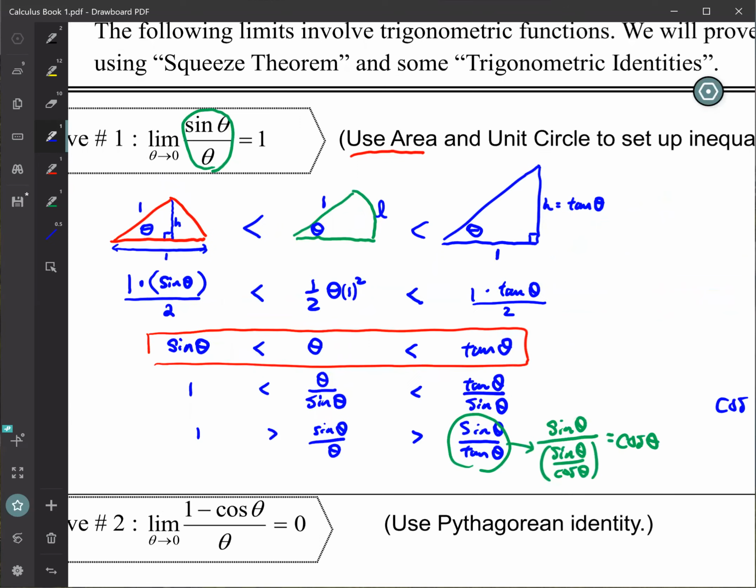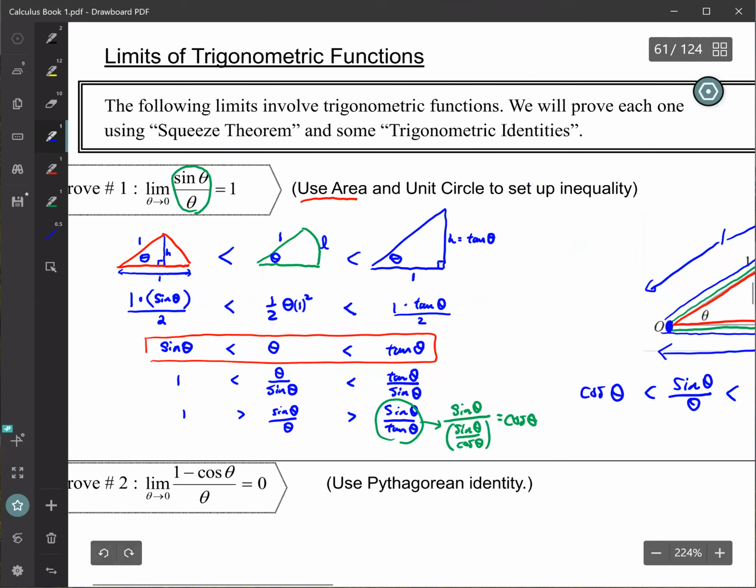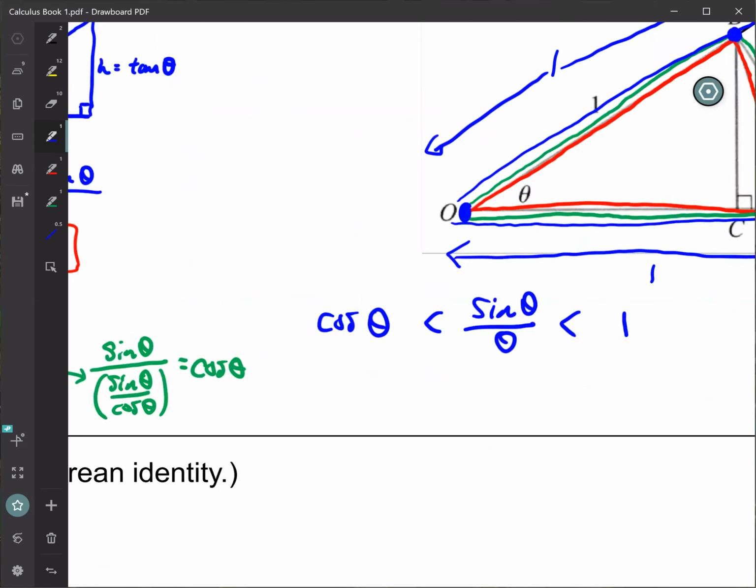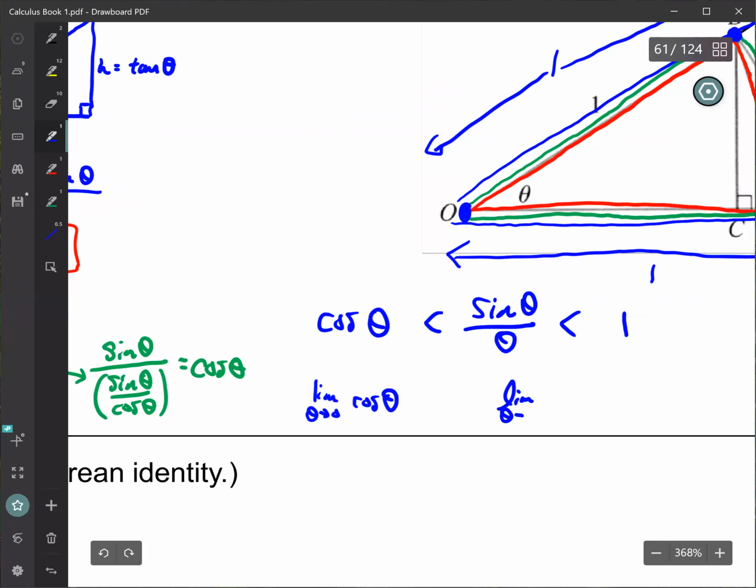But because that's too difficult, indeterminate, we take the limit of the lower one and the upper one. So we take the limit of cosine, and then we also take the limit of 1.